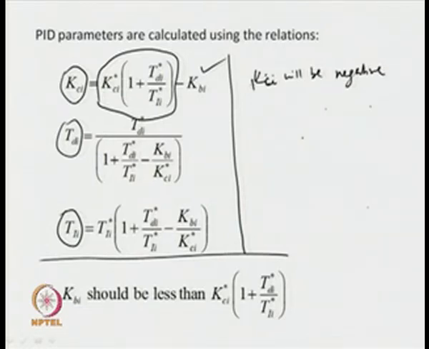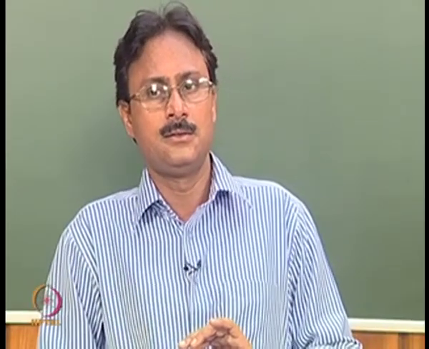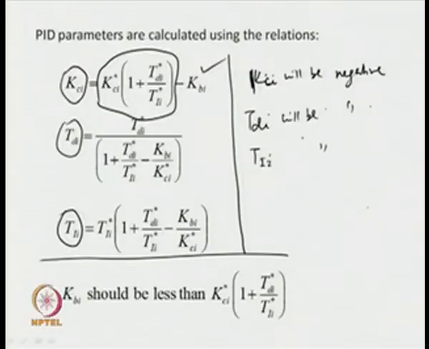When Kci is negative, similarly Tdi will also be negative and Tii will also be negative. So, all these constants will be negative or unrealizable, which is not allowed in closed loop control systems, unless the first term is greater than the second term. So, this factor is very important.